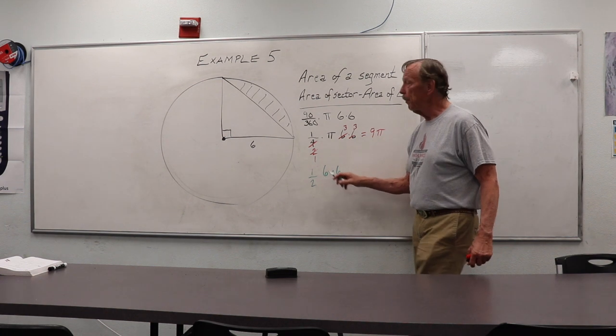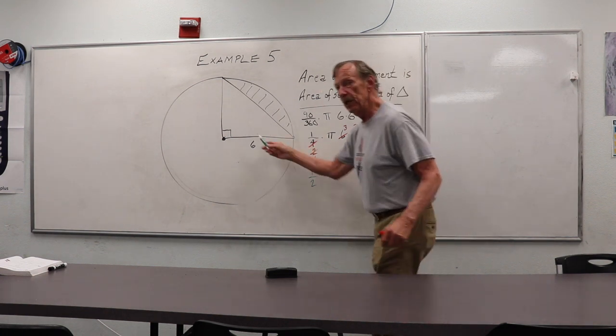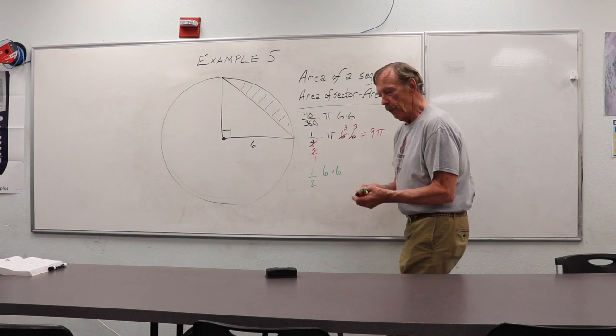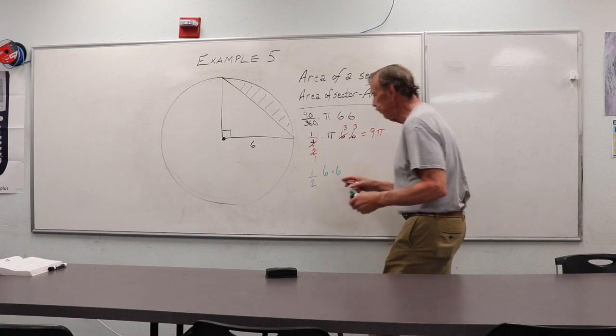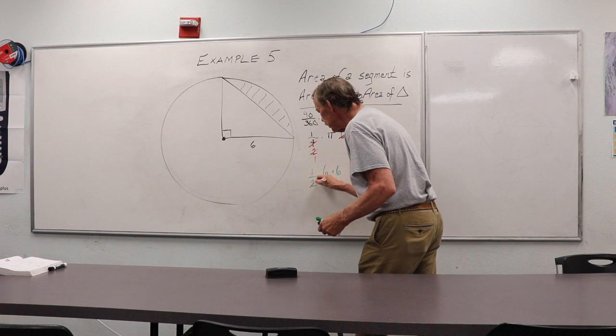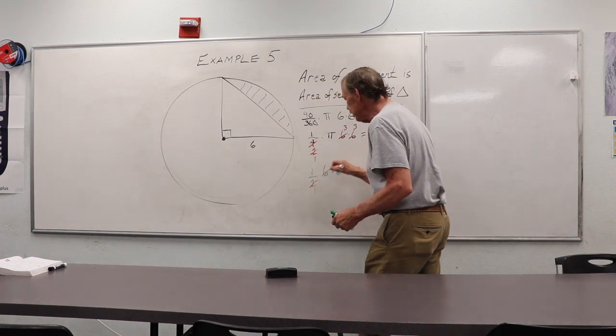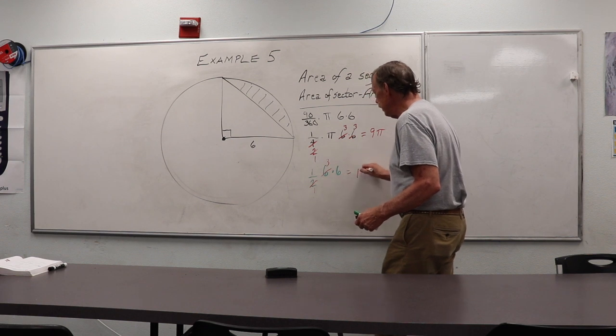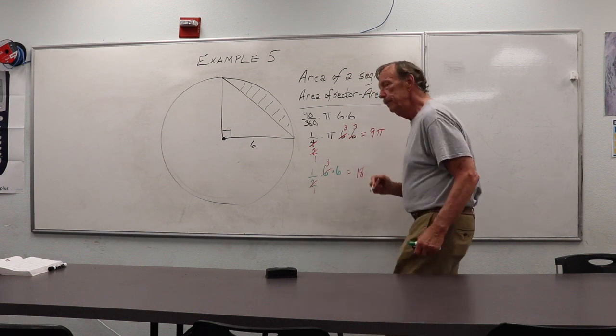One half of the base, 6, times the height, 6. Once again, we can do a little bit of reducing. The 2 goes into itself once, it goes into this 6 3 times. Answer, 18.